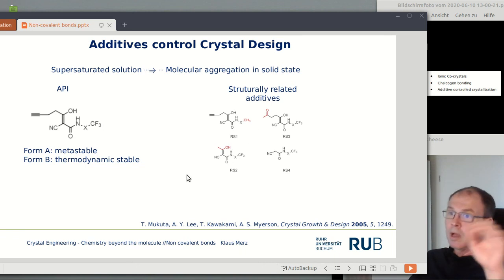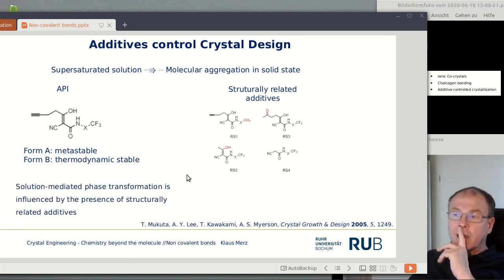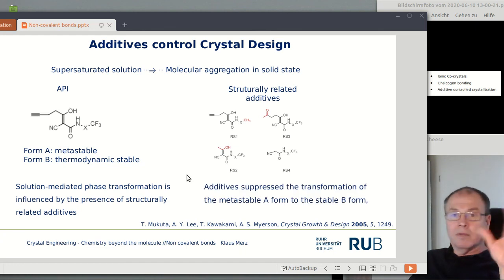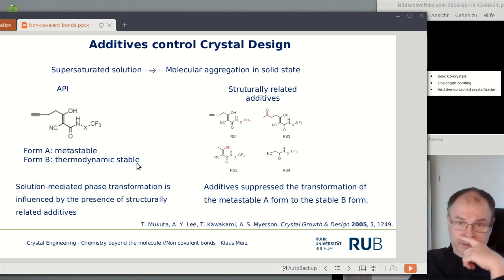Yes. When you will see that the additive has an influence on the crystallization, what you see is that the additive suppressed the transformation of a metastable crystal to the thermodynamically stable form.